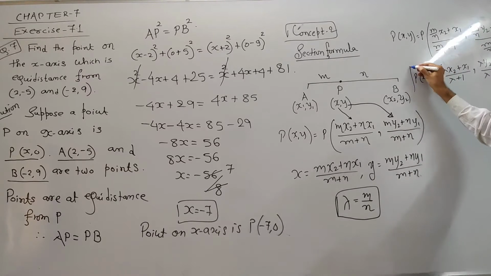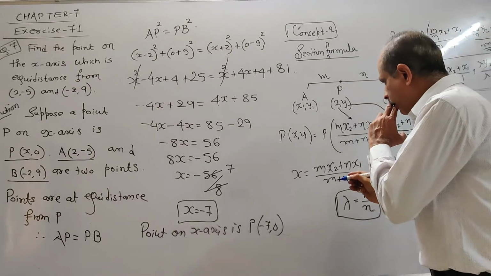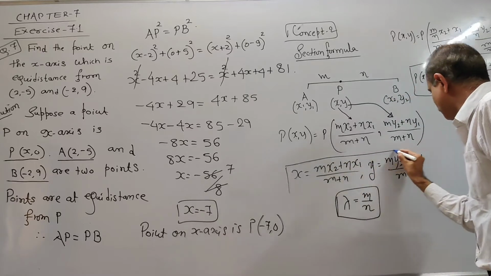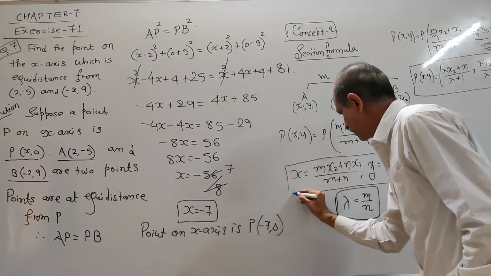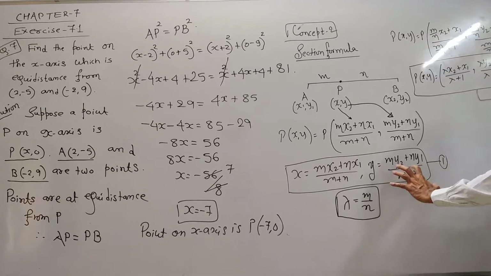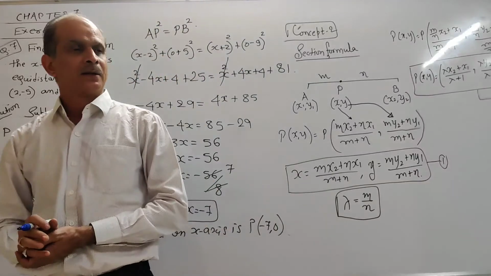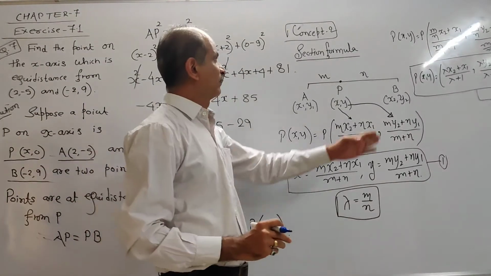We can also use this formula to solve examples. So this is your formula number 1, the section formula. This is formula number 2, the section formula in the form of lambda, that is, in the form of m by n. When you divide the formula by n, you get m by n in the formula.